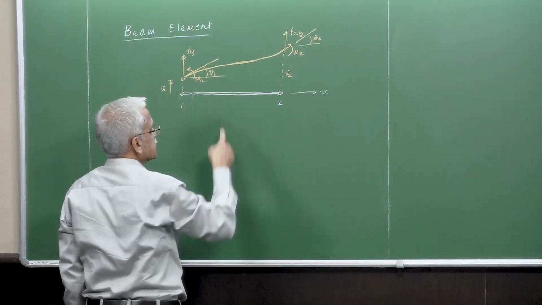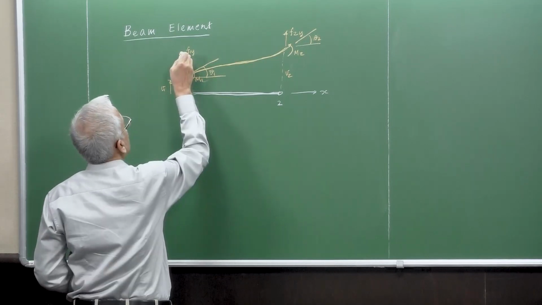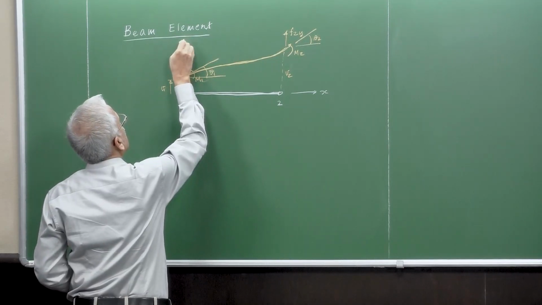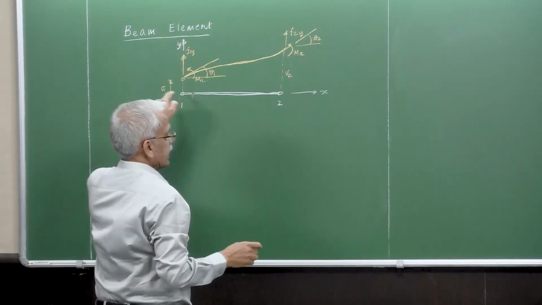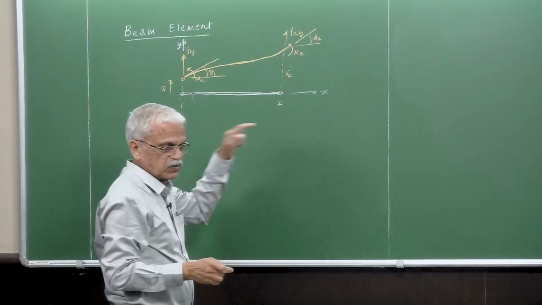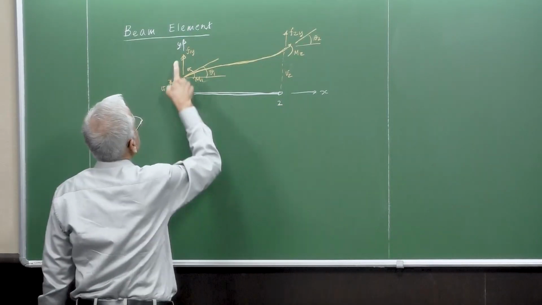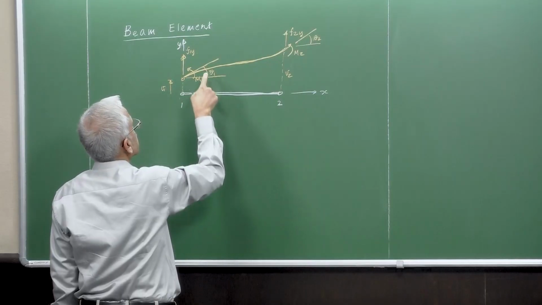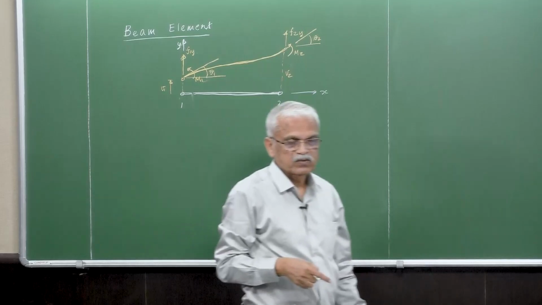Here x is the horizontal axis, y is the vertical axis, and the z axis is into the board. You can see that vertical deflection is taken to be positive, and this theta 1, the slope about the z-axis, is again a positive configuration.